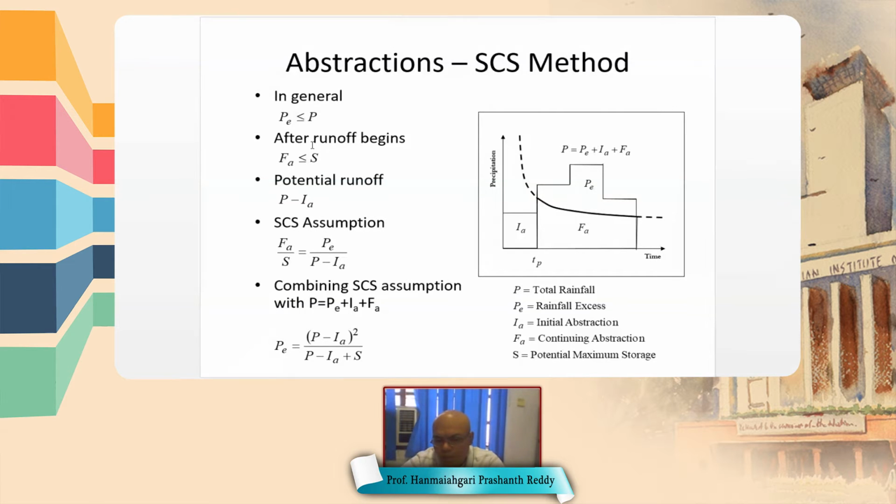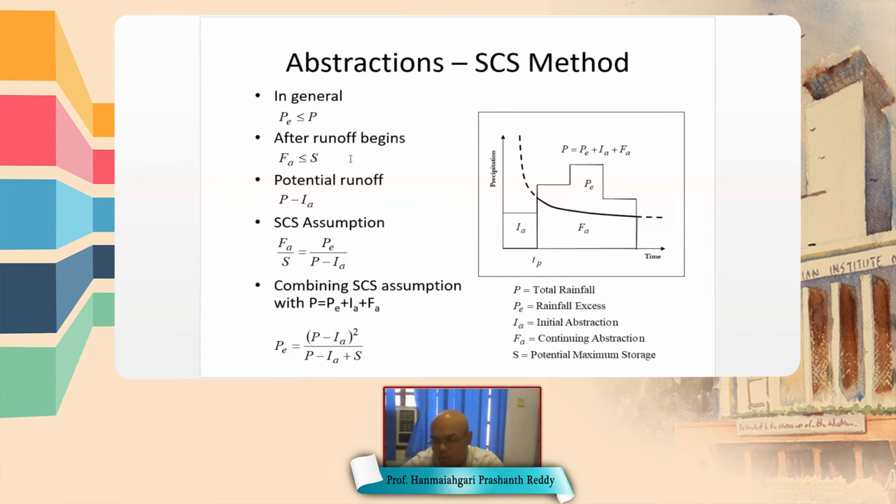Then after runoff begins, the infiltrated water is less than or equal to capital S. S is the maximum storage, the maximum water that can be absorbed by the soil, whereas Fa is the actual water absorbed by the soil.